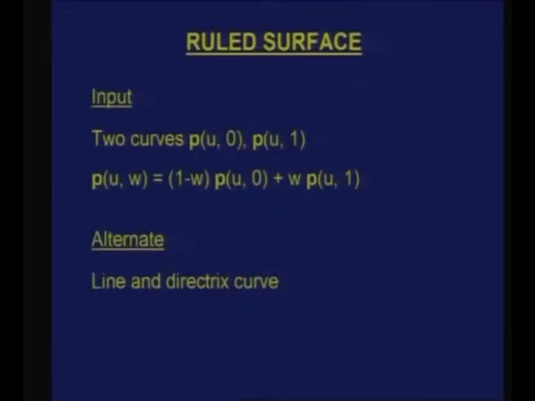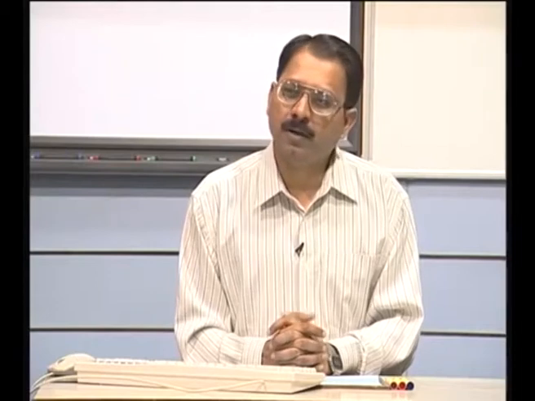Then the third form of defining a surface using boundary curves is what is called a ruled surface. A ruled surface can be defined in two different ways. In earlier cases, with Coons and Ferguson patches, you are giving all four boundary curves.